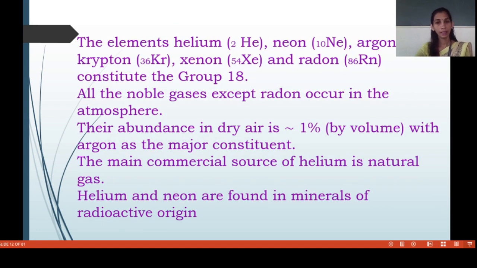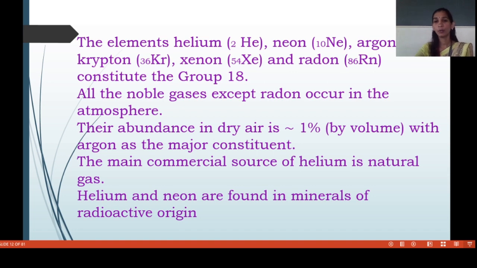The elements helium, neon, argon, krypton, xenon and radon are all group 18 elements. Group 18 elements are known as the noble gases. All the noble gases except radon occur in the atmosphere.